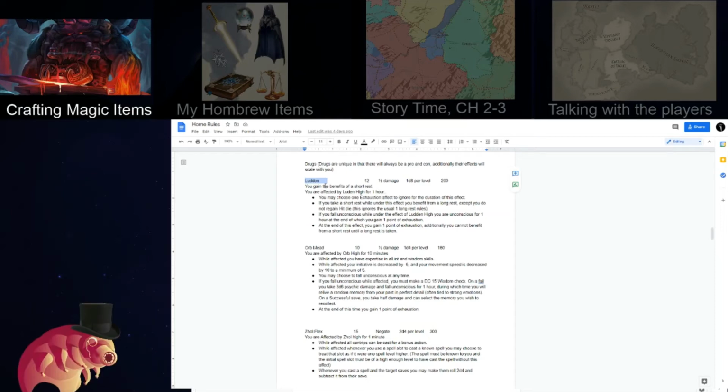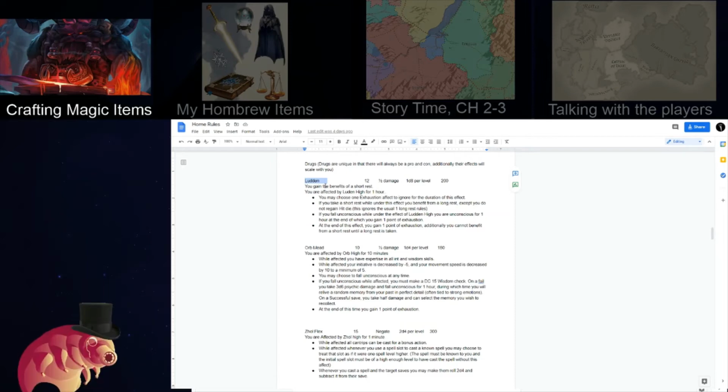For 1 hour, you may choose one exhaustion effect to ignore for the duration of this high. If you take a short rest while under the effects, you benefit from a long rest, except you do not regain hit die. This ignores the usual 1 long rest a day rule.